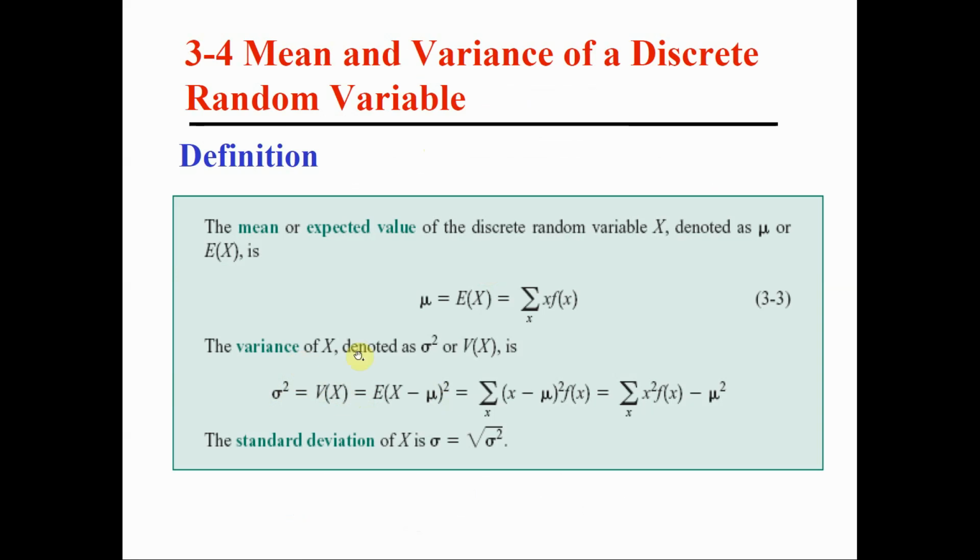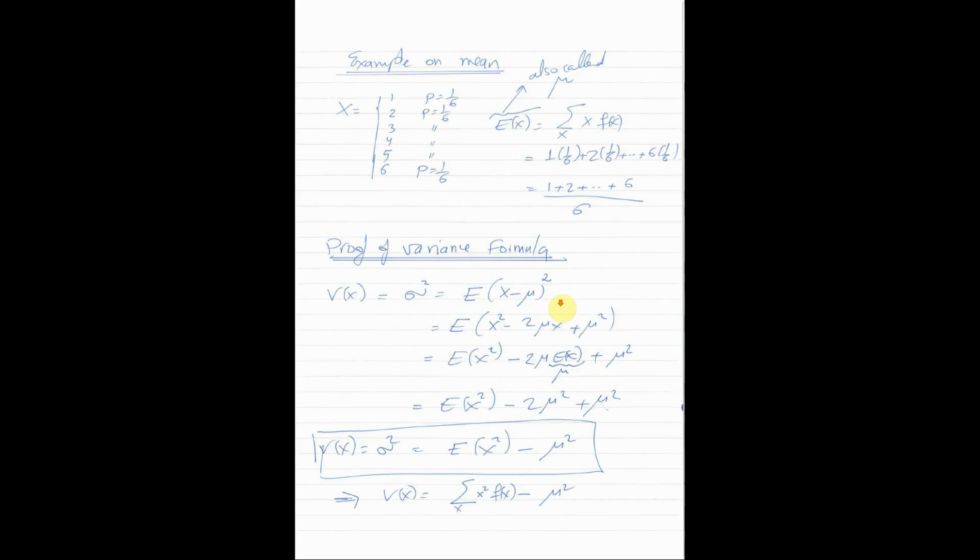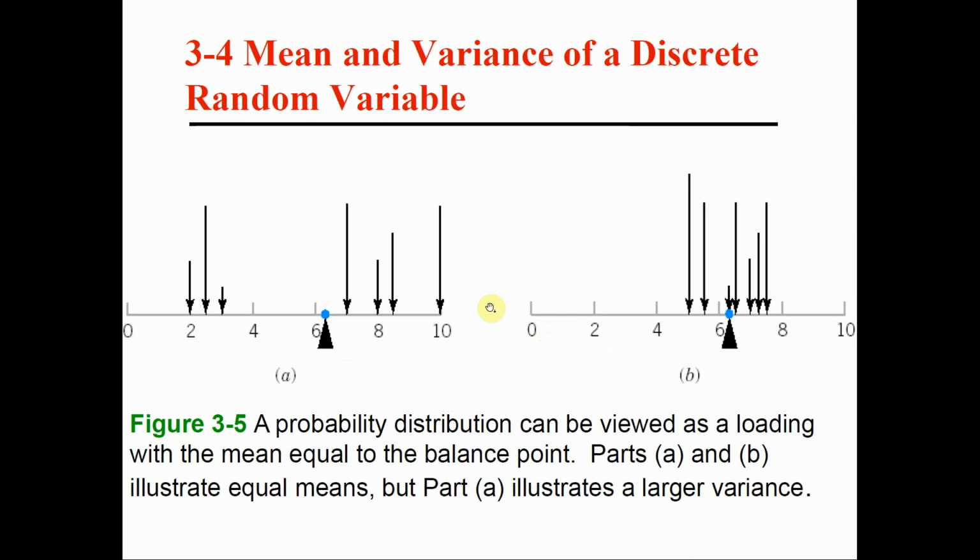So, putting things together, the mean or the expected value of x is an average value, so it really reflects the balance point. Let me show you an illustration, an analogy. This number line represents the different values of x. We have a random variable x which has this possible value and this possible value and so on.